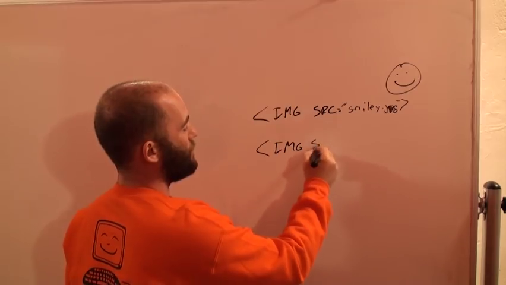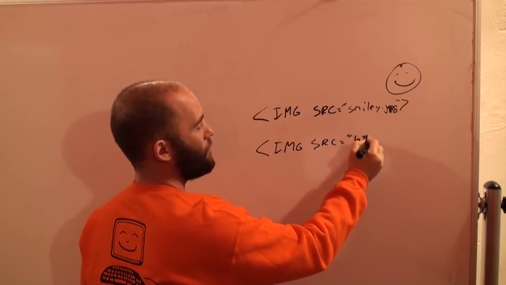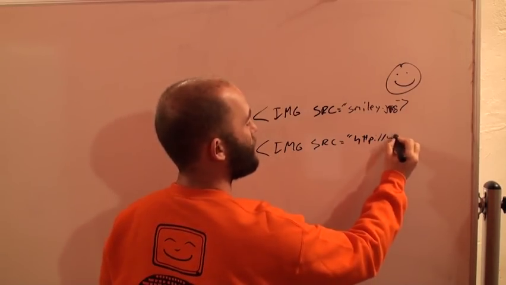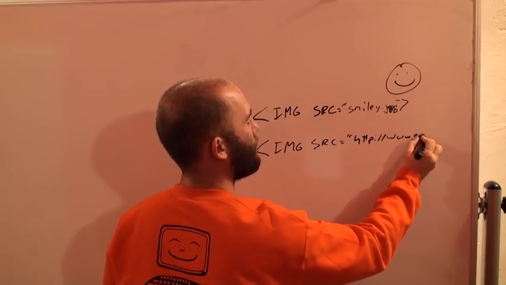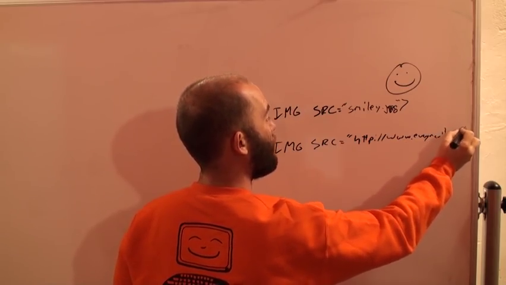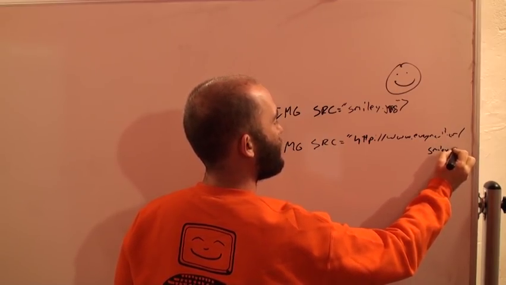So image src equals, and then you would do http and the full address to wherever that picture is. So then, www.smiley.jpg.